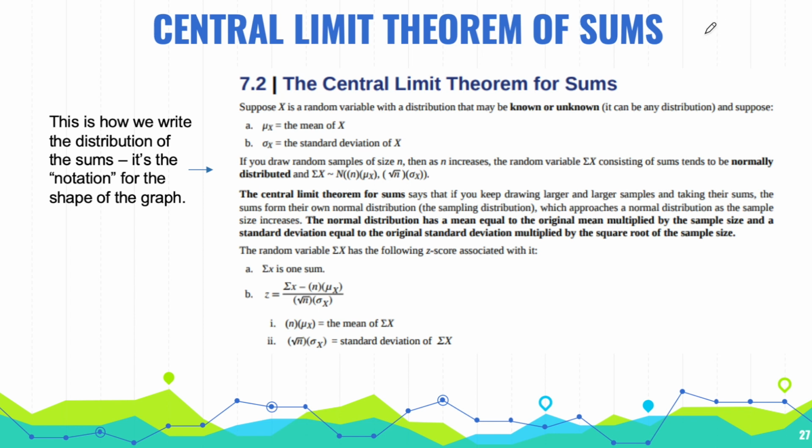Now let's talk about the second form of the central limit theorem, the central limit theorem for sums. Again, we're assuming that capital X is a random variable with a distribution that may be known or unknown. It can be any distribution shape. And again, suppose the same things, that mu sub x is the mean of x, and lowercase sigma sub x is the standard deviation of x.